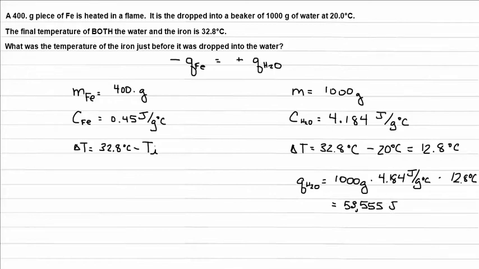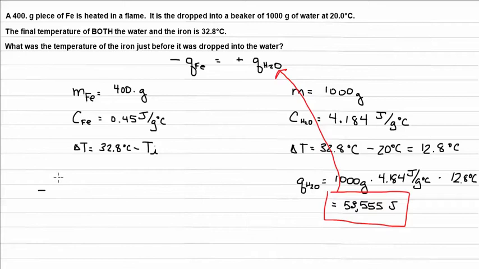Now we can take that value and put it in here, and then solve for the initial temperature of the iron. Again, as I've been emphasizing, you need to watch your signs.